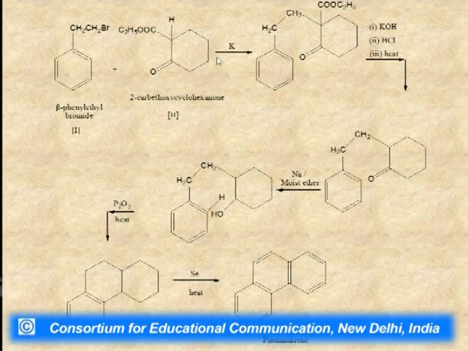These will undergo condensation to give us this adduct, which on further reaction first with alkali and then with hydrochloric acid followed by heating will give us this adduct having a ketonic group, which undergoes first enolization, then in the presence of phosphorus pentoxide on heating it will undergo cyclization at this position and we will get here a reduced phenanthrene ring, which on oxidation followed by heating will give us the phenanthrene ring.